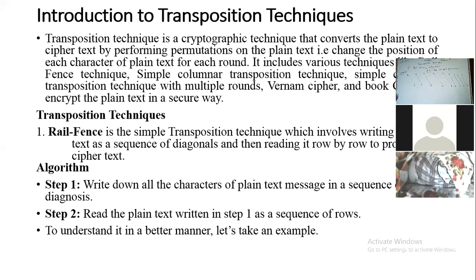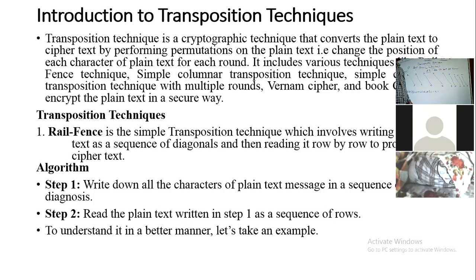Okay, now convert this into the ciphertext, that is A, L, H, D, S, F, R, X, M. Then start from the second row: L, T, E, E, T, O, E, A, S. This is the ciphertext by using rail fence.